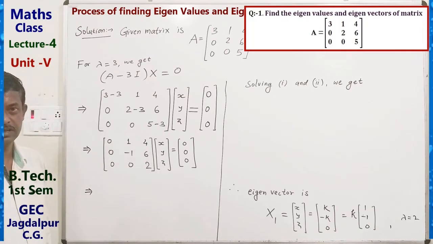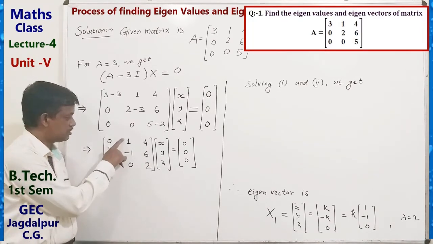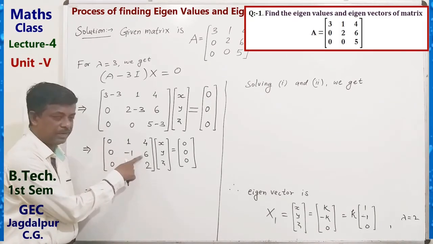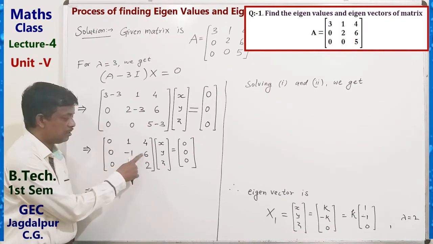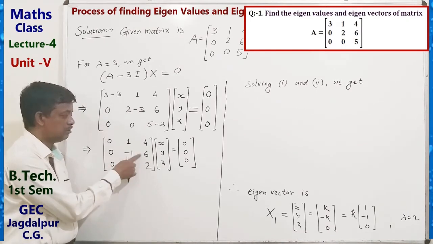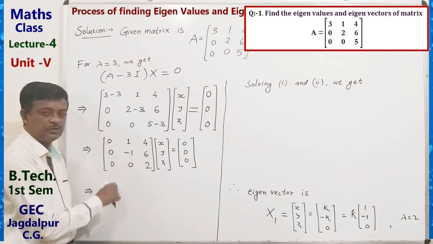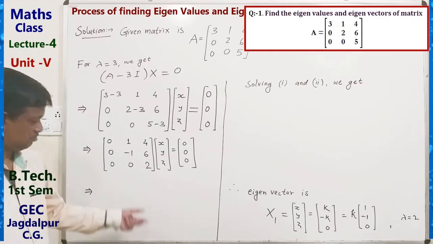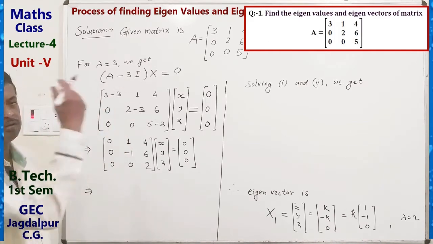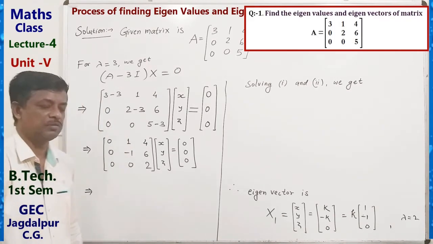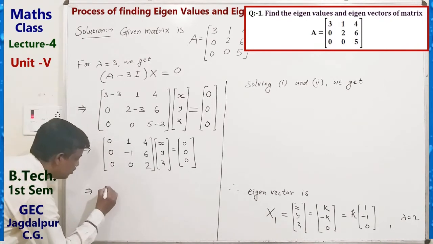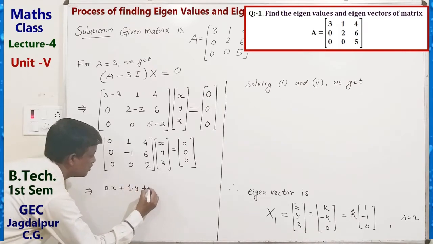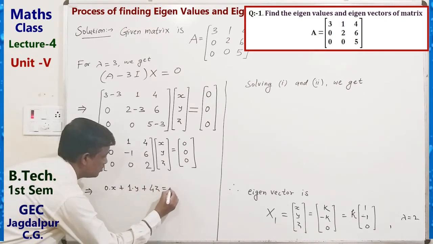Now here we can see that it can be reduced, and the last row can also be converted. For solving, just use the equivalent equations and the cross multiplication method. So it can be written as 0 into x plus 1 into y plus 4z equals 0, the first equation.